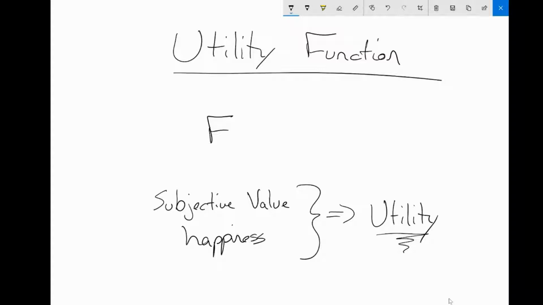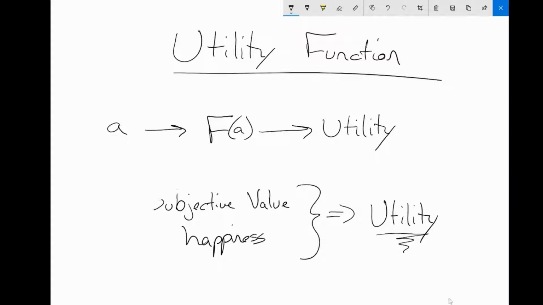And this function, we want it to take goods and actions and map them into utility. I want some function that will take a good or an action A as an input and spit out utility.